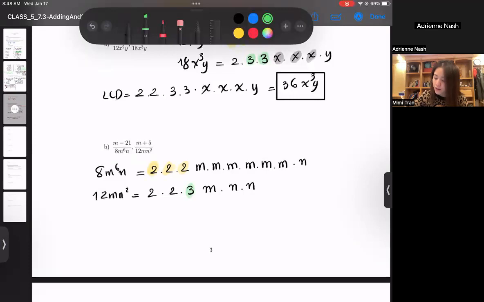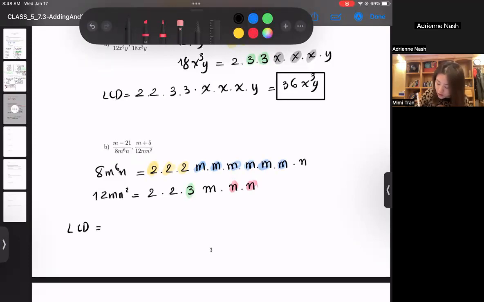For the m, how many m's do I got? I got 6 m's, right? So 1, 2, 3, 4, 5, 6, right? And then for n, you want to pick the one at the bottom, that and that. Right, put them together.